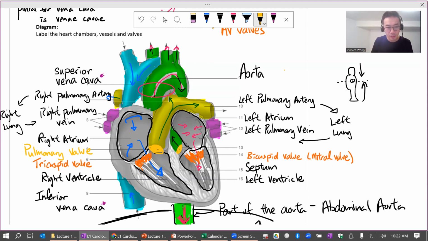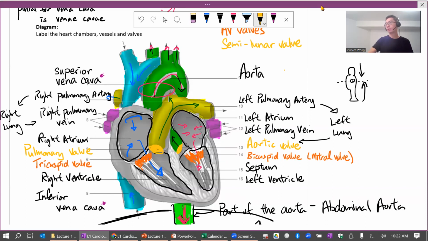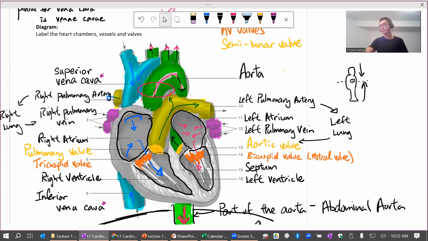Then you have another one right at the entrance of the aorta. That's number 13, the aortic valve. They belong to the same group, the semilunar valves.